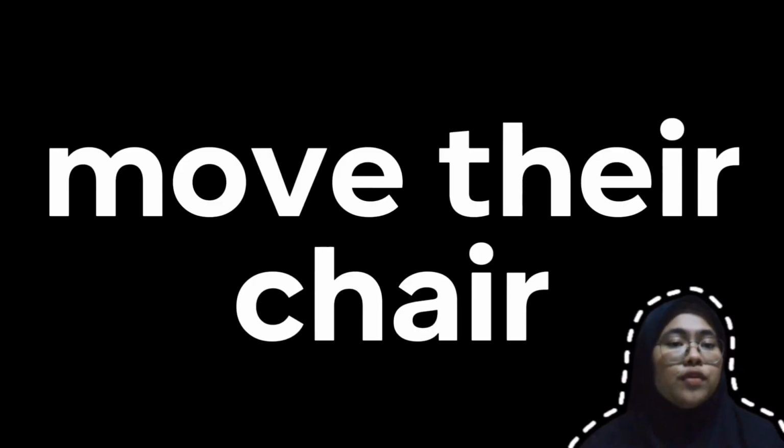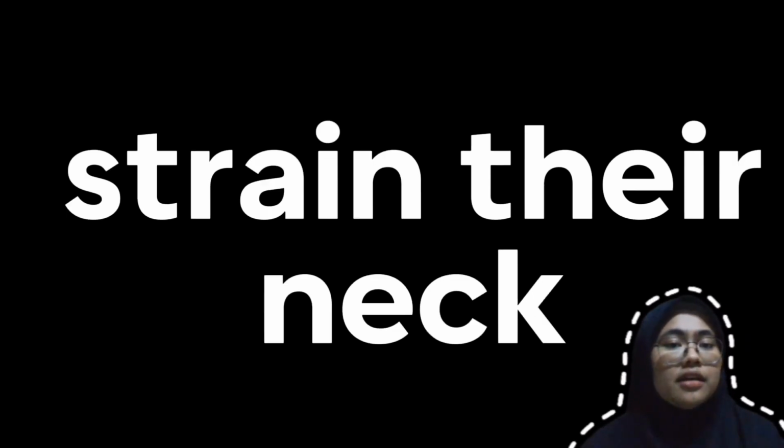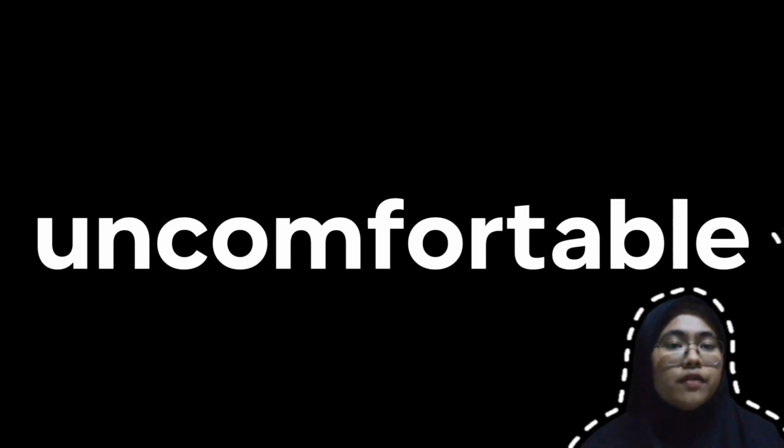To provide a detailed explanation of this principle, students should not have to move their chair or strain their neck to see the presentation. It would be uncomfortable if they have to constantly adjust their chair to see clearly. To ensure that students can clearly see from their position, the teacher can try sitting in different positions within the classroom.